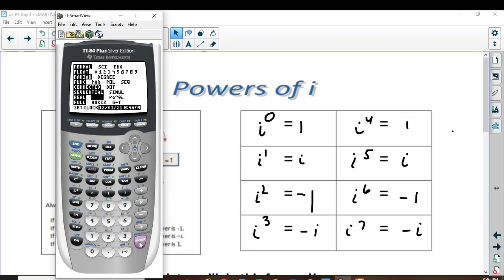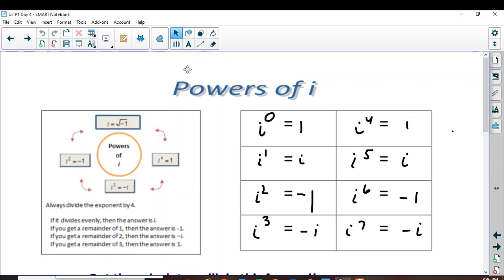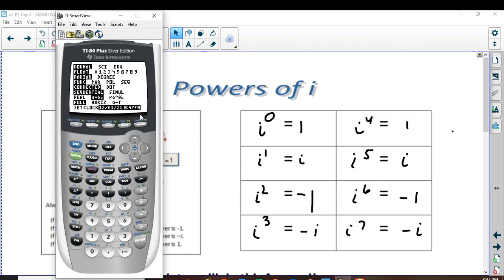I'll hit enter there, and now it has switched over, so I can use i's. I'll clear that, and now I have i to the fourth, and so on. So that's how you enter an i.